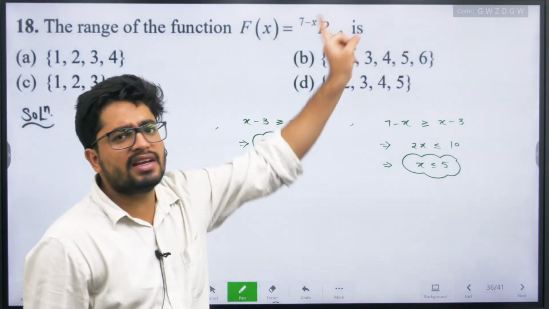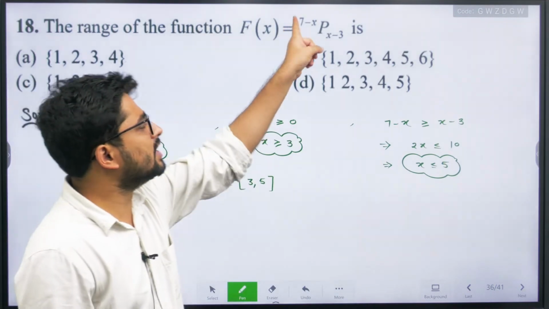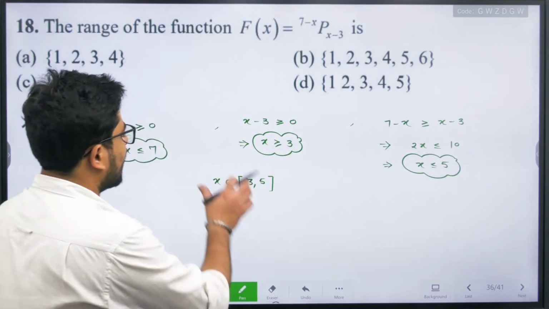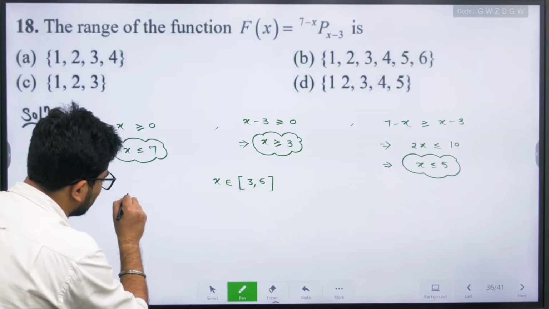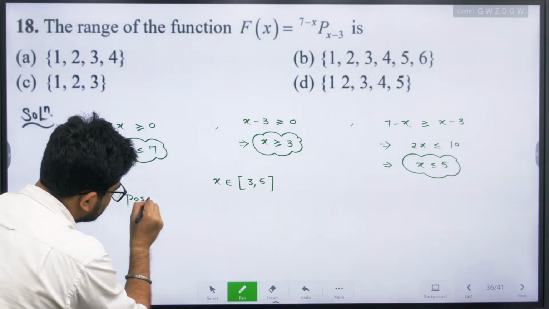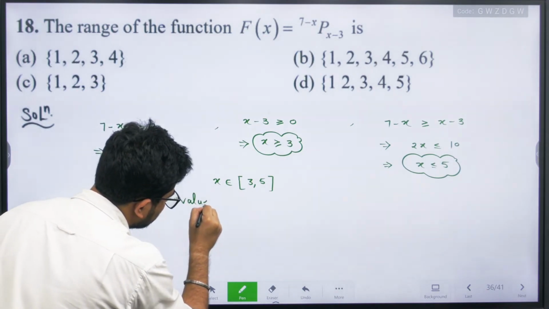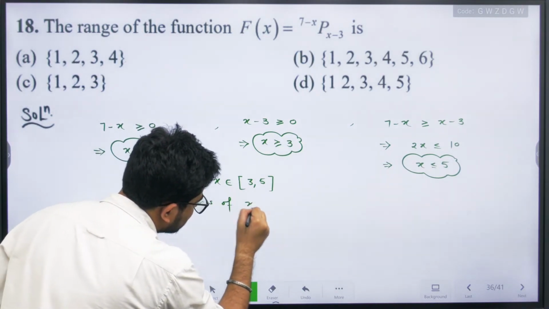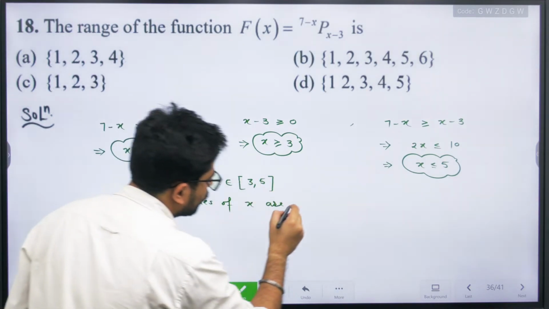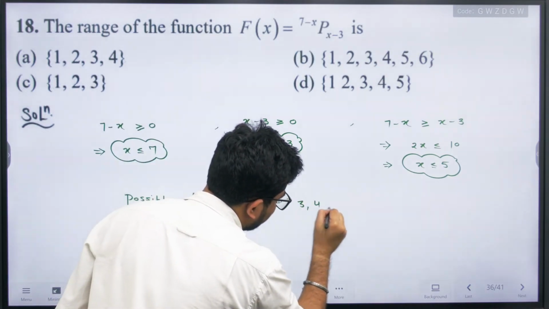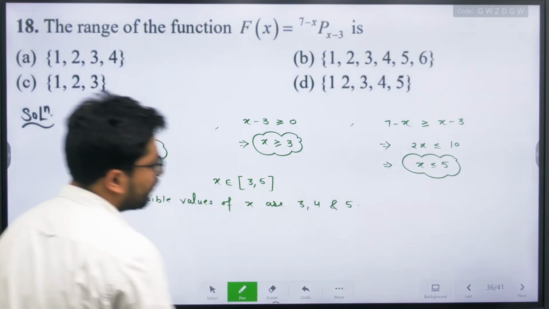And 7 minus x must be an integer, so you can say x must be an integer. And if x is an integer, the possible values of x are 3, 4 and 5.